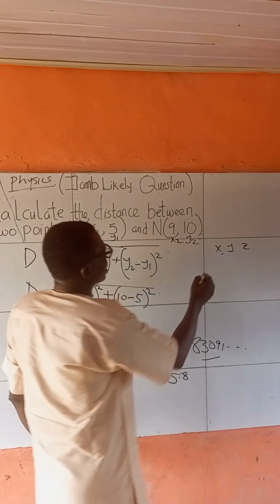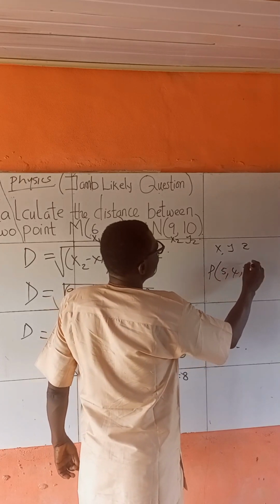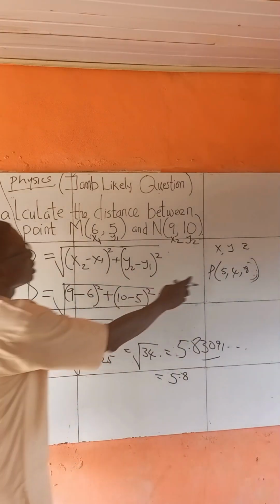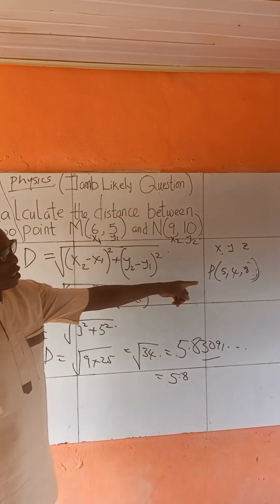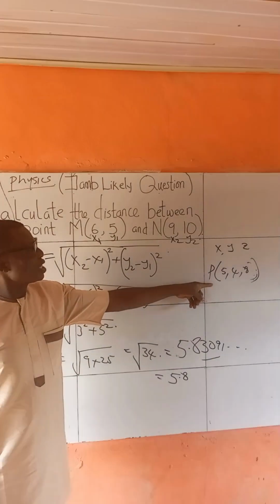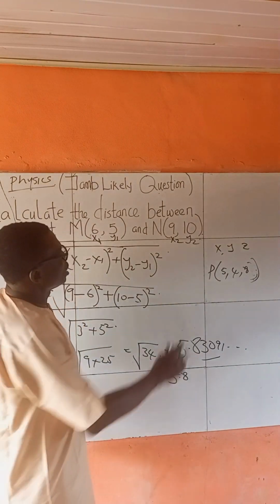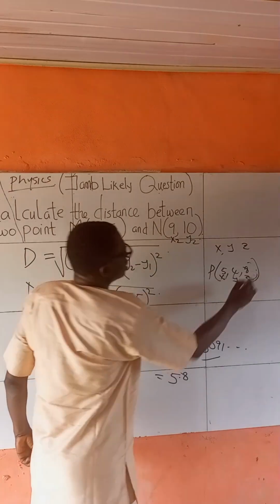So that is why someone can tell you P(5, 4, 8) like this. If you are given this P(5, 4, 8), it means this point is a Cartesian point in three dimensions. That is, you have your x, you have your y, and you have your z.